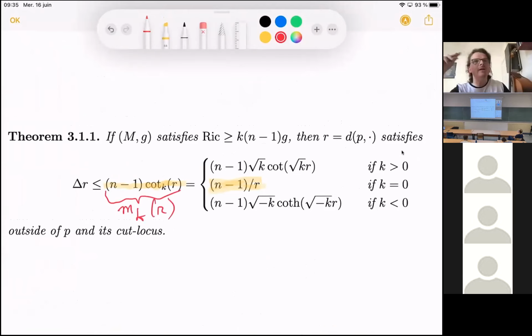A geometric way to see it is that it is the mean curvature of a radius r sphere in a space form of constant curvature k.